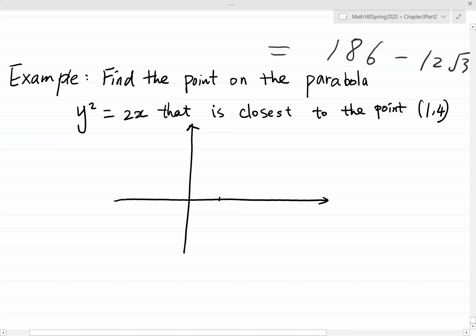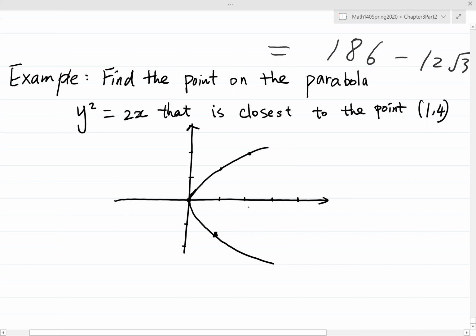When x is 1, y is plus or minus square root 2, around 1.4 and negative 1.4. When x is 0, y is 0. So if you plot, it's a quadratic, so more or less like that.